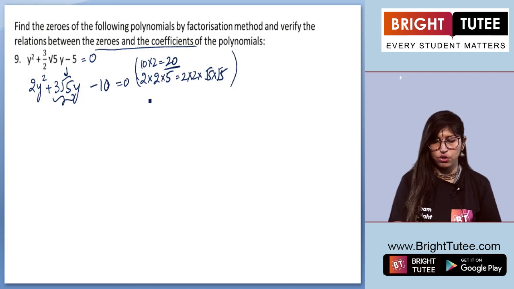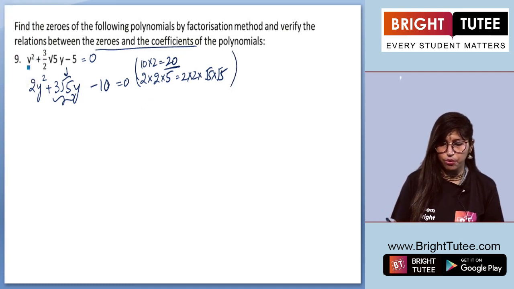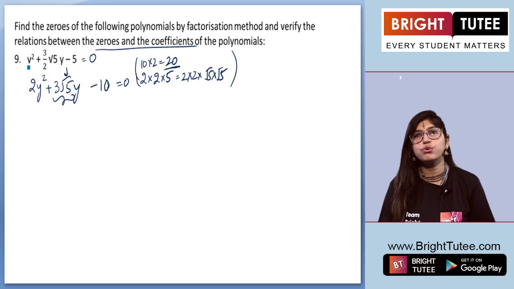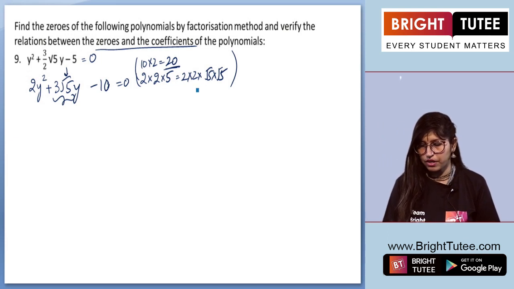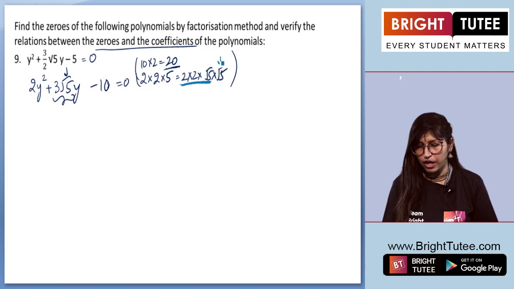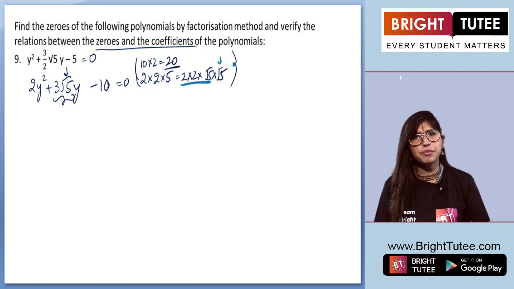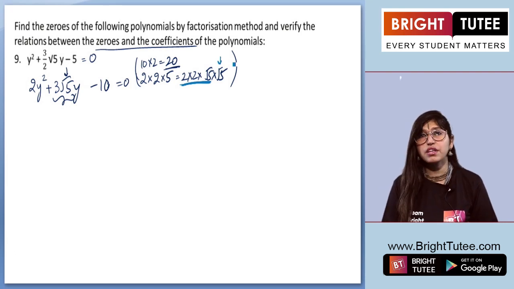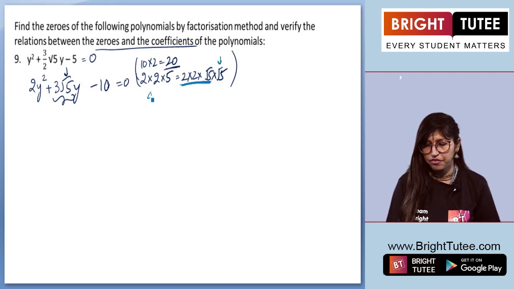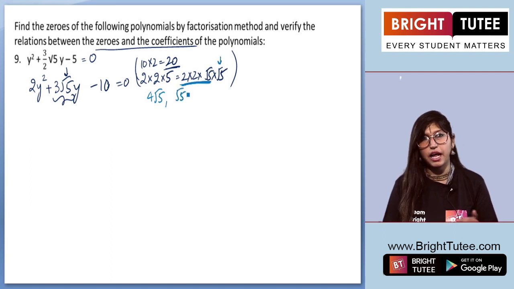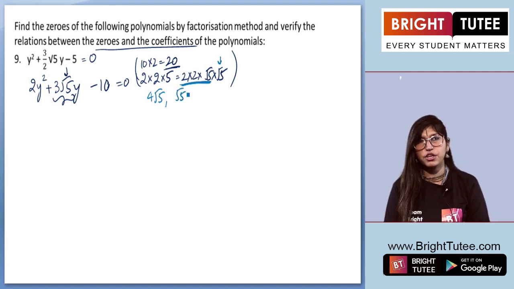Now out of these, we can try and see what combinations we have to make 3 root 5. If I talk about 2 into 2, 4 root 5 and root 5 alone, can we get 3 root 5 after subtracting or adding? Yes, we can. If we have 4 root 5 and root 5, if we subtract both of them, I'll be getting 3 root 5.